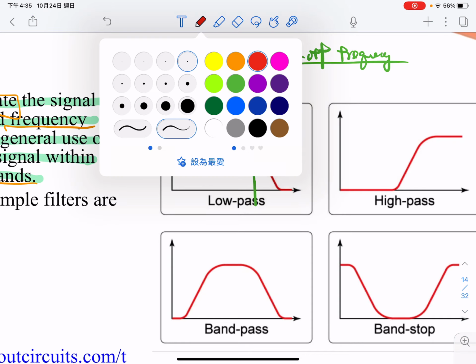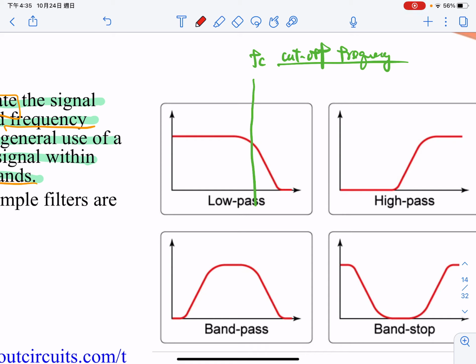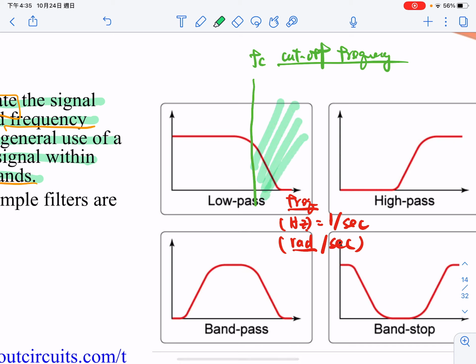On the x-axis, this is frequency, usually in hertz, which is 1 over seconds, or radian per second. When we call this a low pass filter, it means that in the frequency band higher than the cutoff frequency, we want to eliminate the signal.